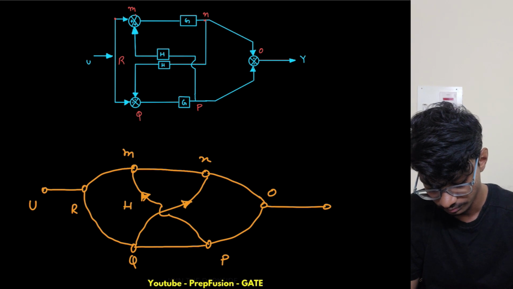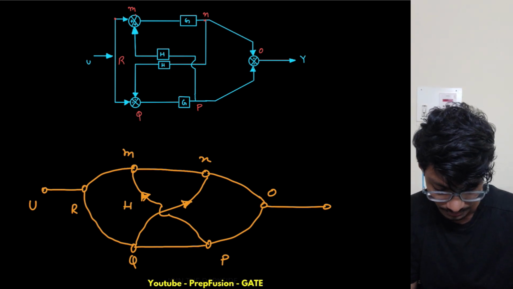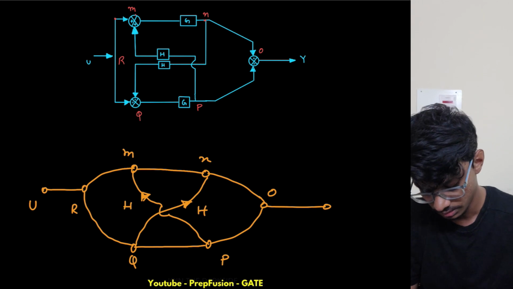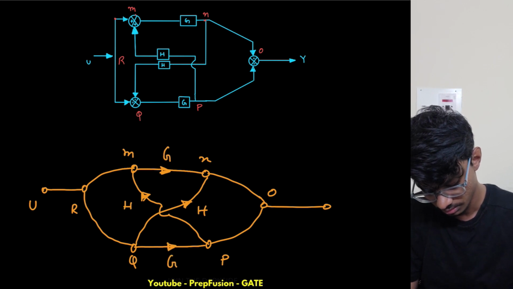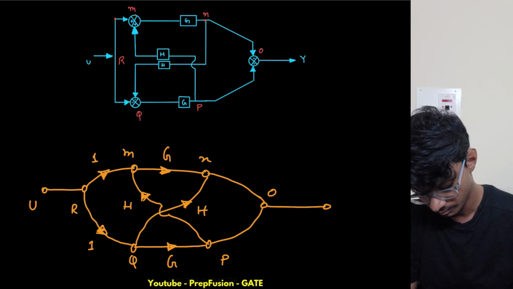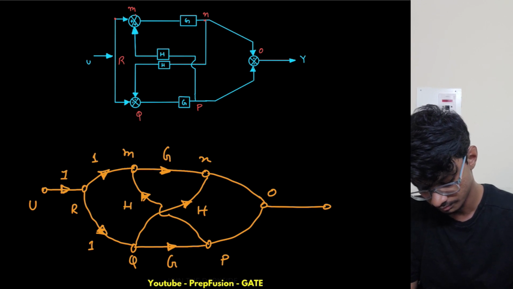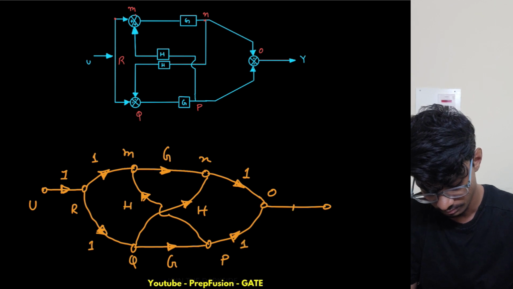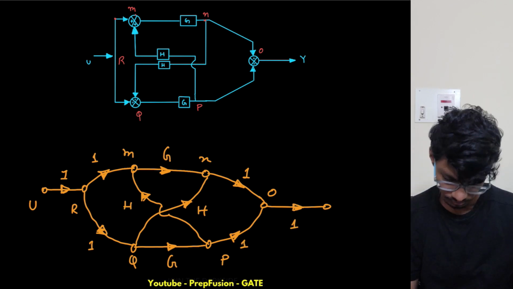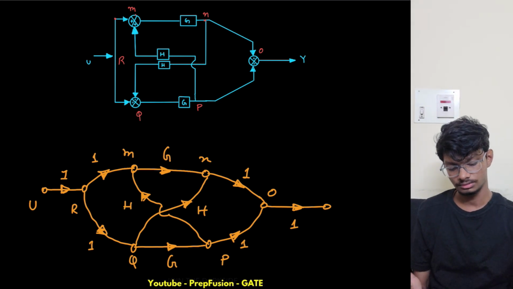So this is also h, and this is also g, and this is also g. This is one only, and this is also one, and this is also one. And this is also one. So all these are the SFG.